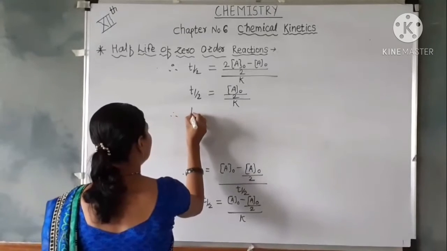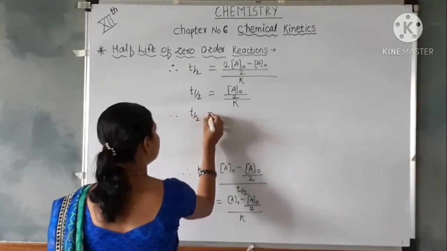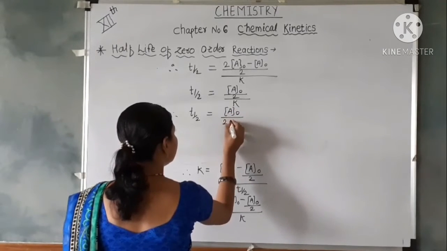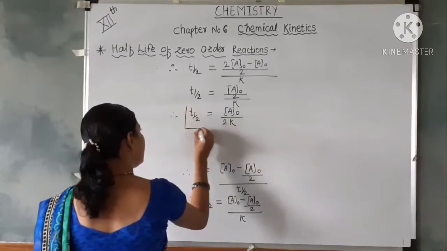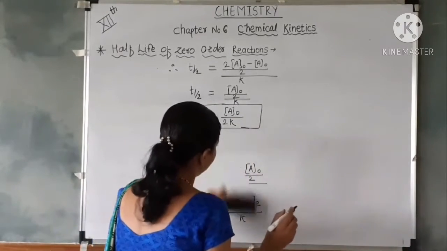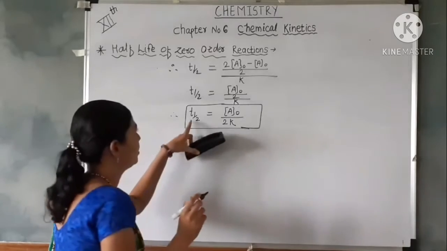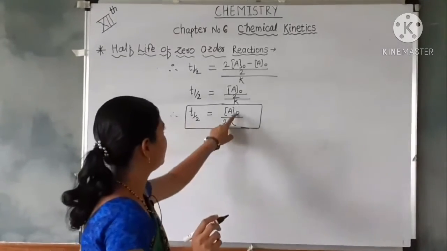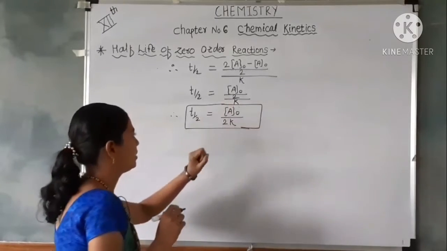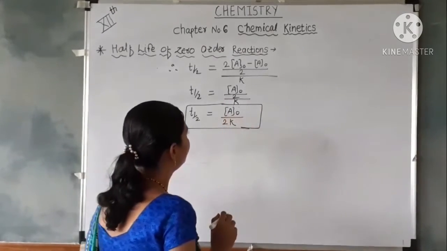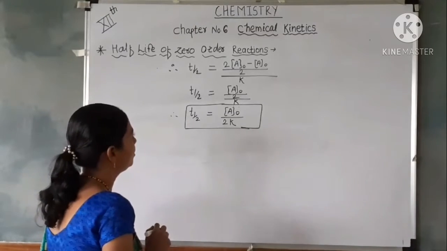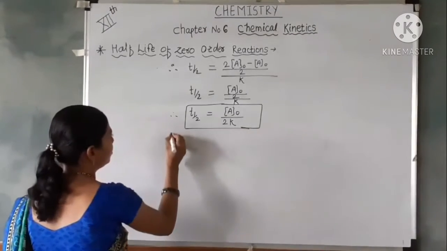Therefore t 1/2 is equal to [A]0 upon 2k. The 2 comes to the denominator side. Therefore [A]0 upon 2k is the equation for the half-life of zero order reaction.